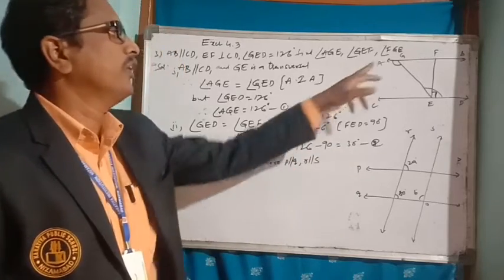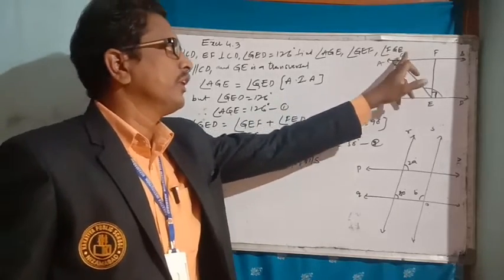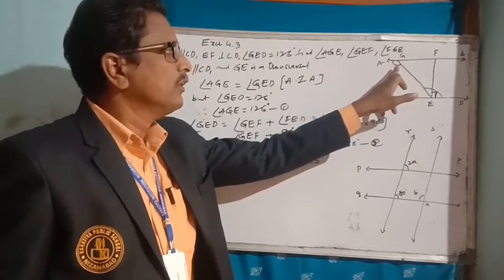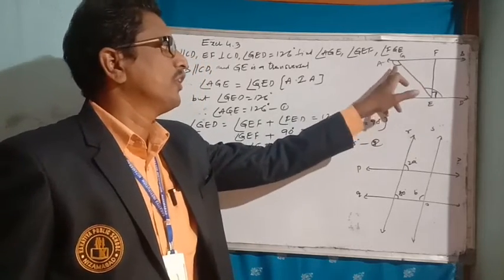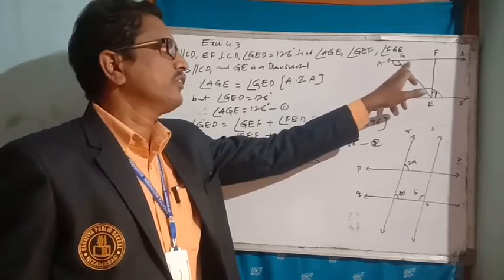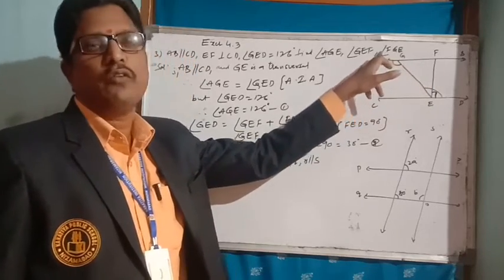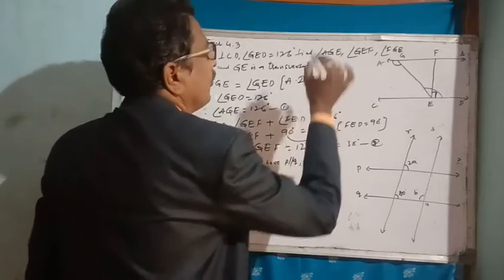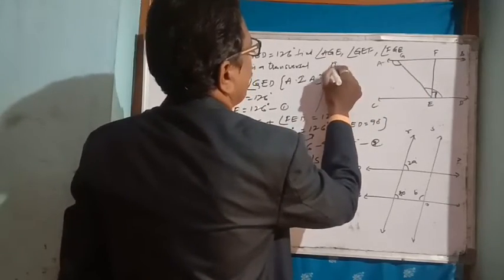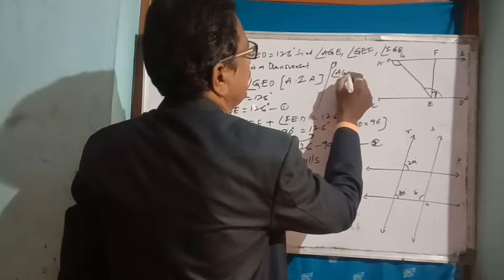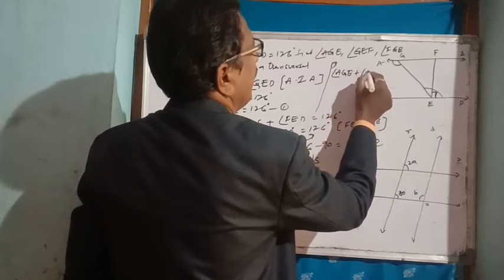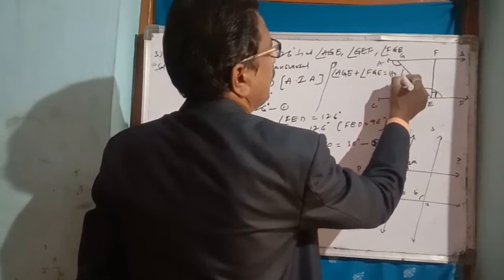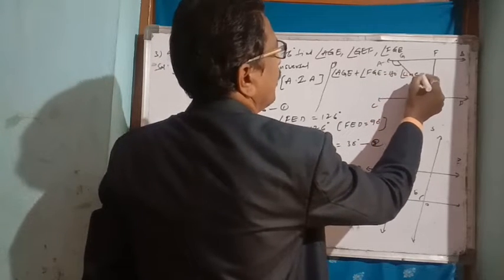Next one more we have to find. What is it? FGE. This answer we have to find. So here, how much came here? AGE is equal to 126 came. 126 plus FGE is equal to 180 degrees. Why? This is the linear pair. Third one: angle AGE plus angle FGE is equal to 180 degrees because this is the linear pair.